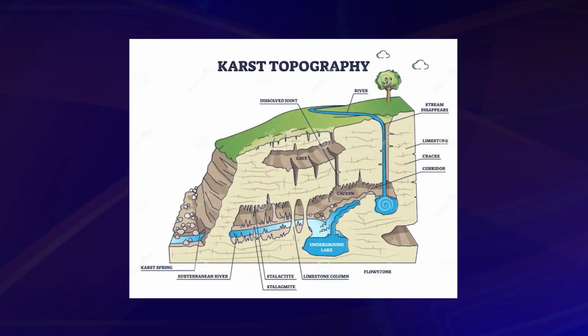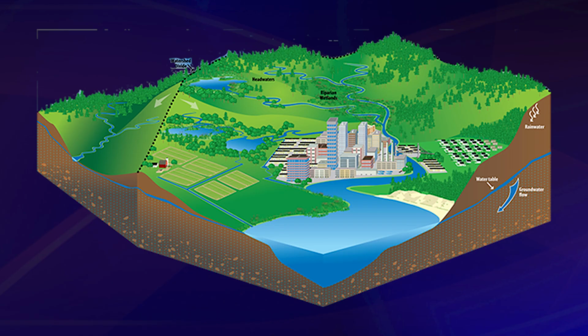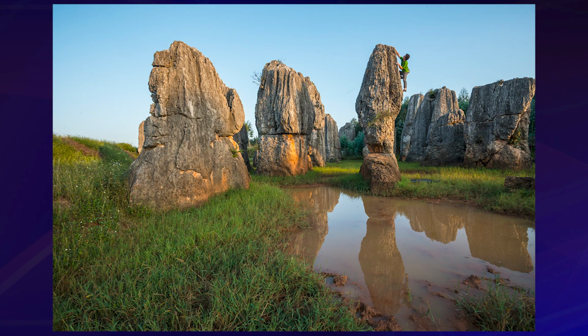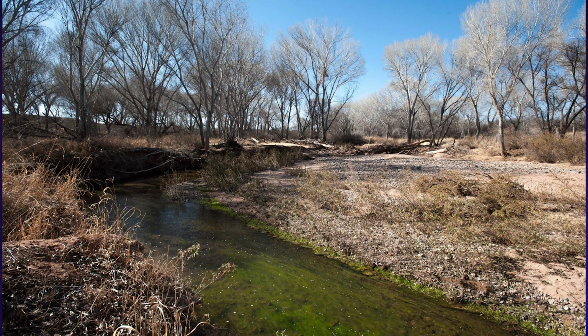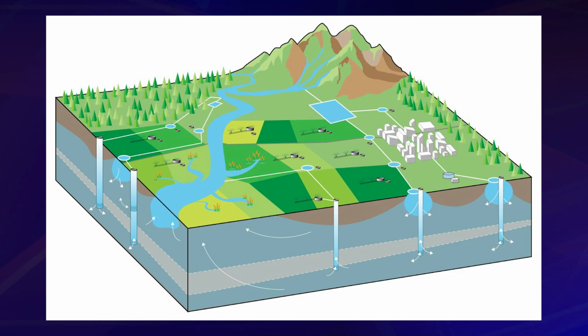Furthermore, as stated, understanding karst topography is vital for groundwater management and environmental conservation, as karst aquifers play a crucial role in supplying fresh water and mitigating pollution. Thus, the study of erosional landforms is not merely academic, it holds significant implications for sustainable environmental practices and resource management.